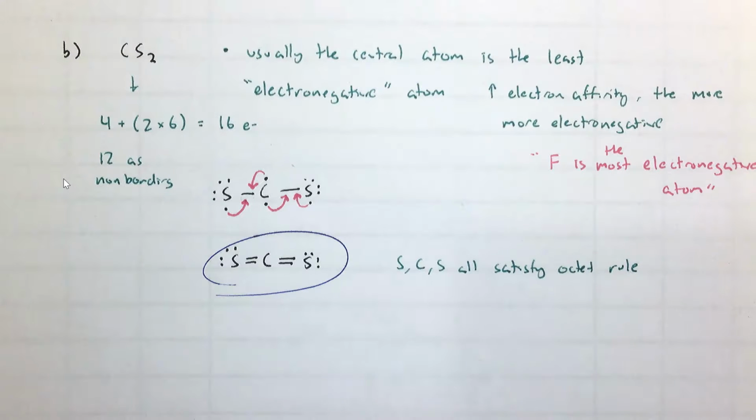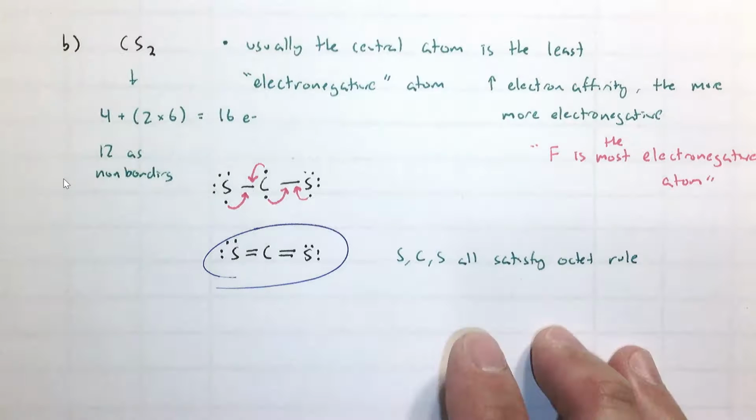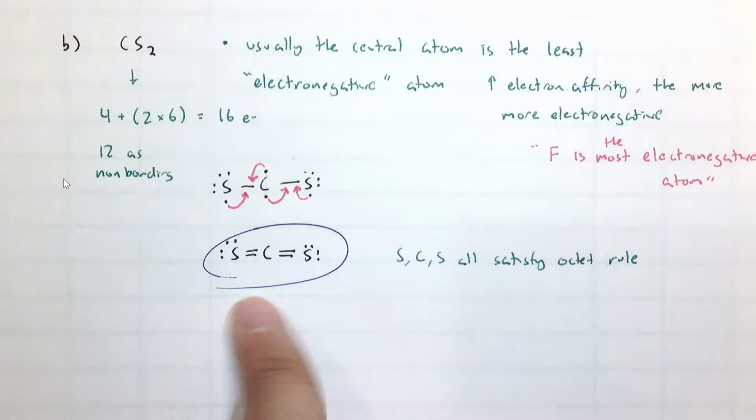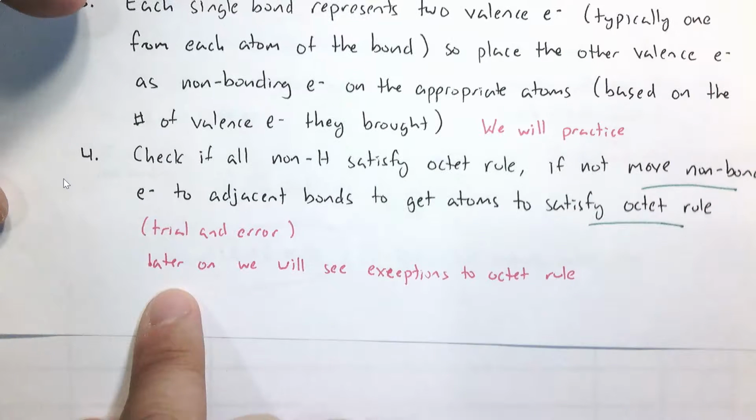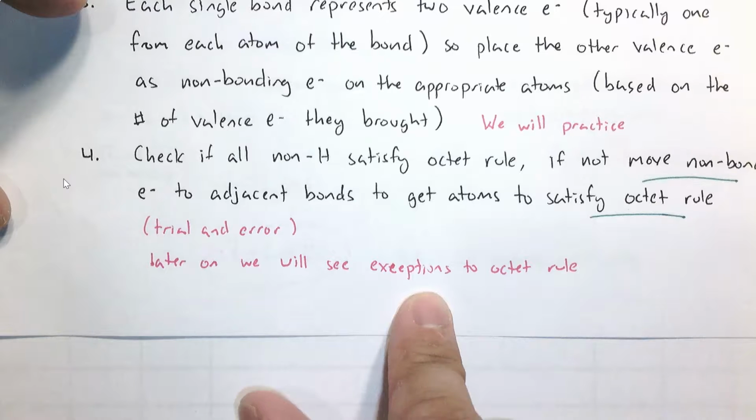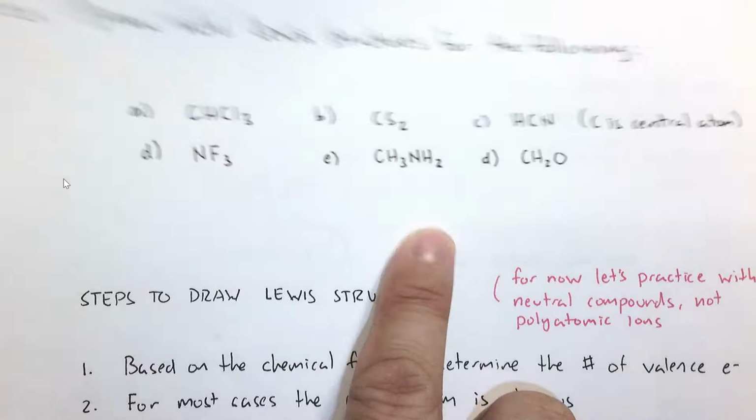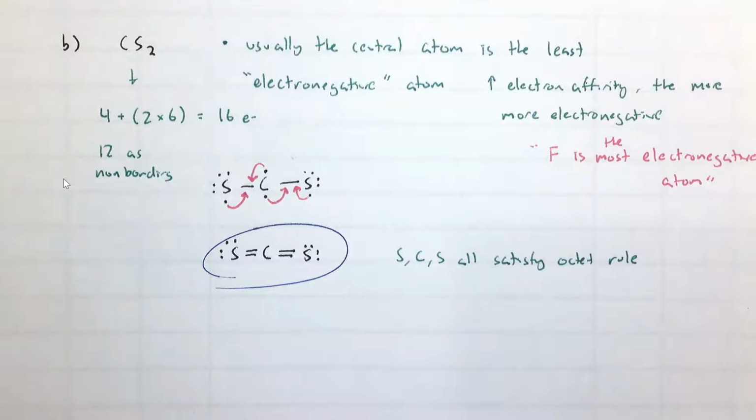It's going to cause us to shift electrons to make sure that all the non-hydrogen atoms satisfy it. Now again, in a future video, we will see exceptions, but not for any of these cases over here.